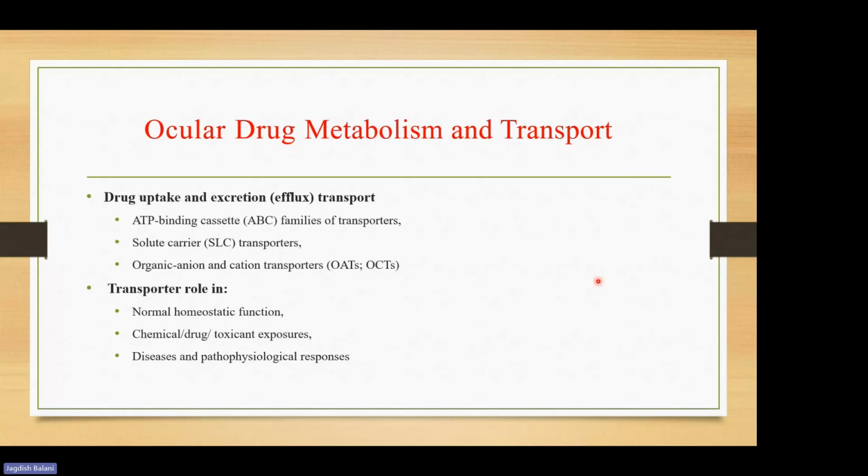In the ocular system, studies suggest that ATP-binding cassette family transporters are available, as well as solute carrier transporters and organic anion transporters. In this way, these play a role in the normal balance of homeostatic function as well as in chemical and toxicant exposure. As I said, the compound may be expelled or led to the site of action, and further take part in the disease and pathophysiology of the response.